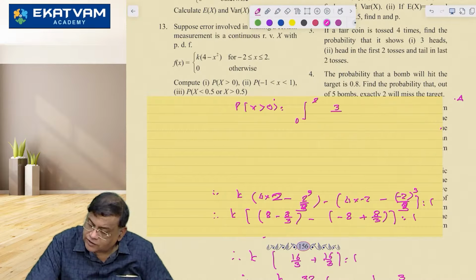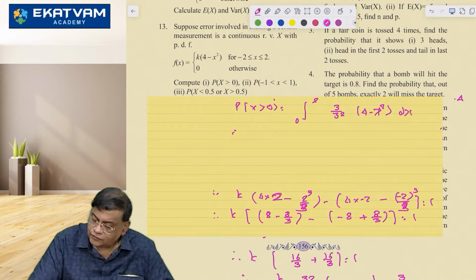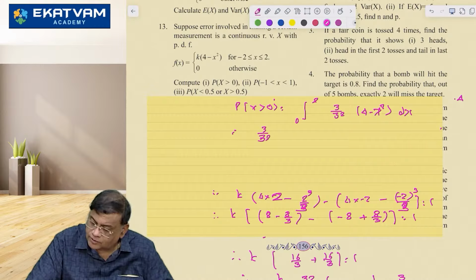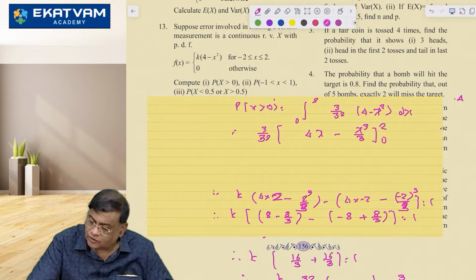K is 3 by 32 into 4 minus x square, that into dx. So it will be 3 by 32, I took it common, so it will become 4x minus x cube by 3, that going from 0 to 2.